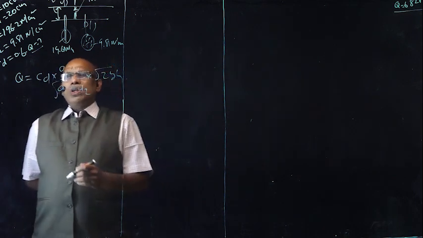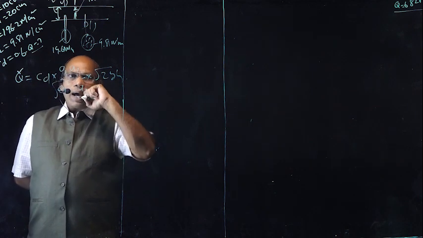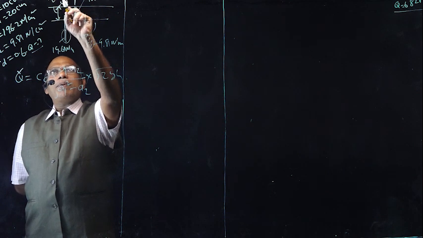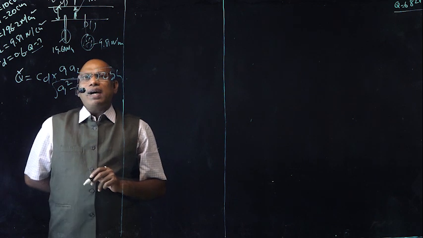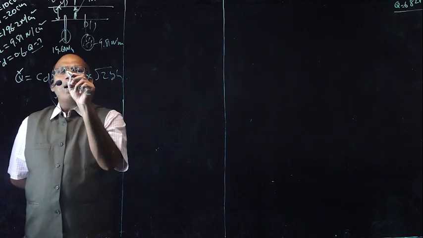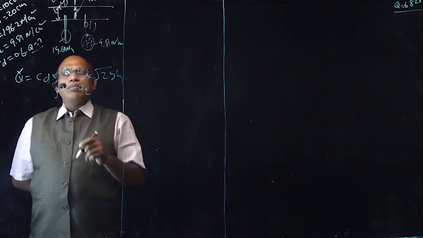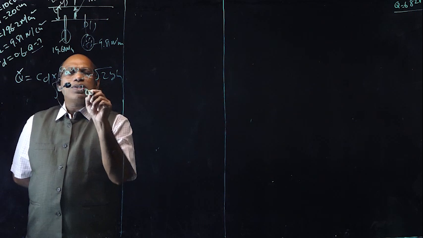We know the diameter of the pipe and the diameter of the orifice, so we determine the areas: here it is A0 into A2 divided by root of A1 square minus A0 square.